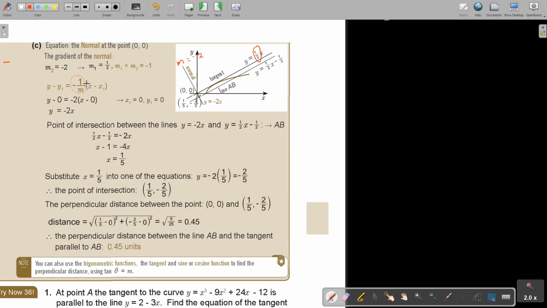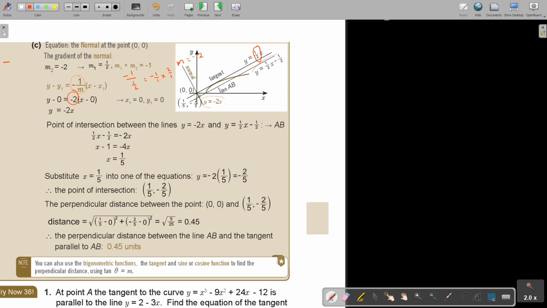Otherwise, in the place of this one, you just replace -2. But if you work with the original one, it's a half, which will then be -1 over 1 multiplied by 2 over 1, which will give you that -2. Put in the point, and this is now my equation of the normal that I indicated to you.